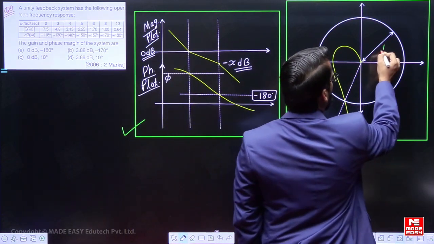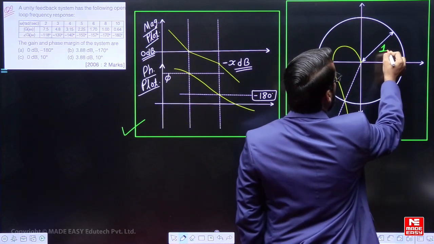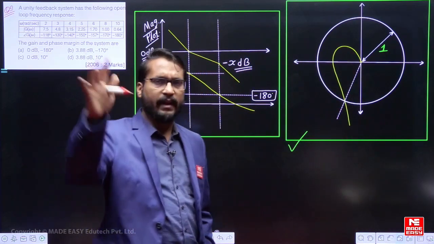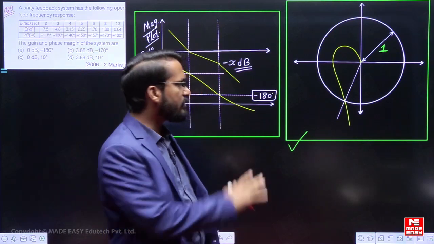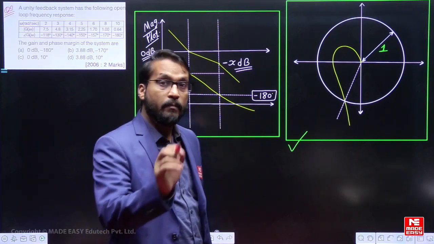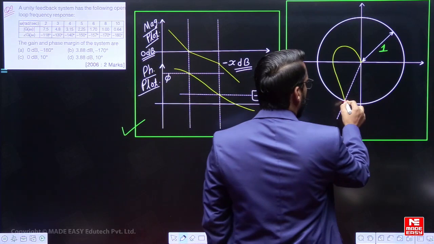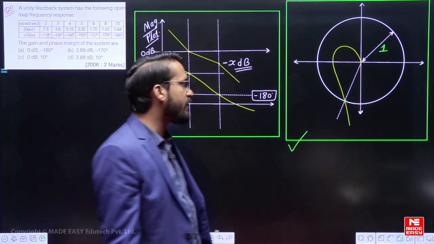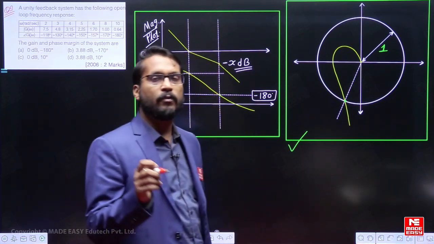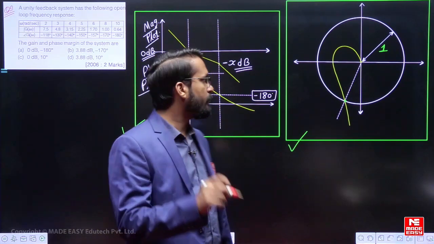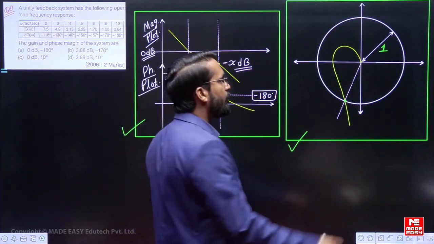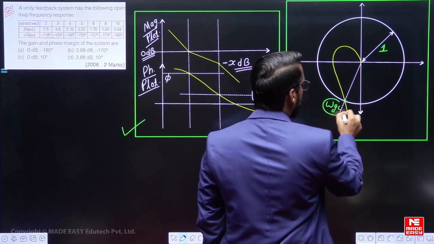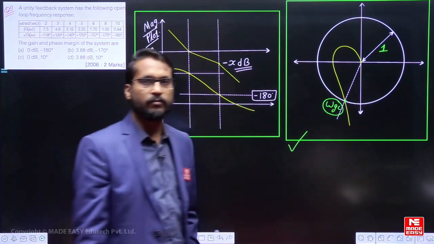This is a unit radius circle. Let us consider this yellow colored curve is the polar plot of any open loop control system. So if the magnitude of the open loop system gain is unity at a particular frequency, then that frequency can be called the gain crossover frequency.